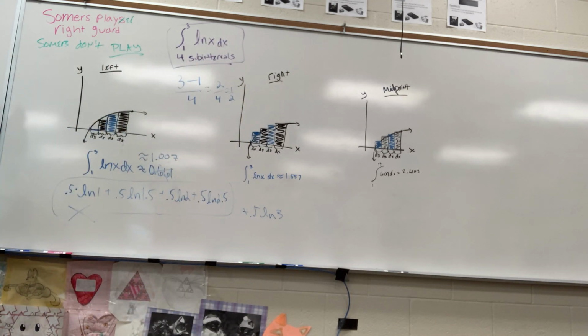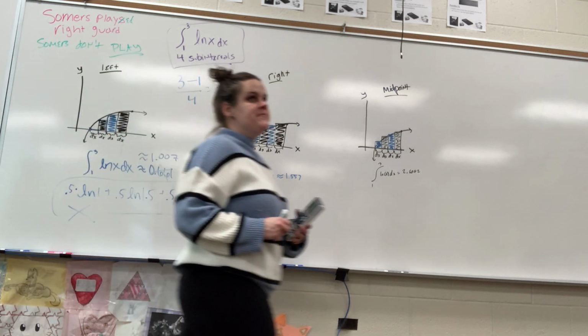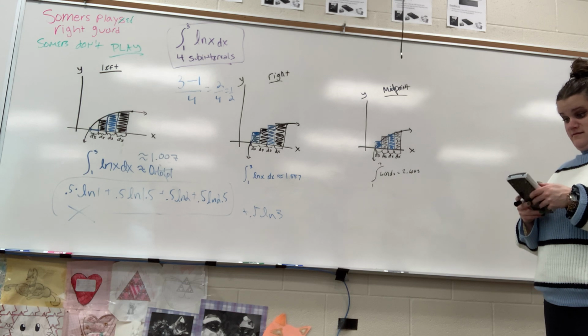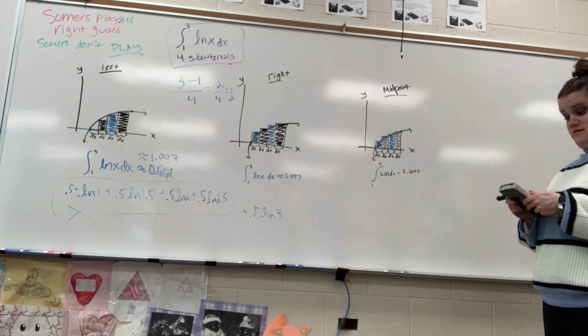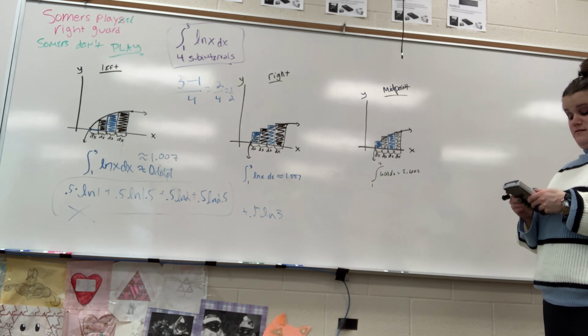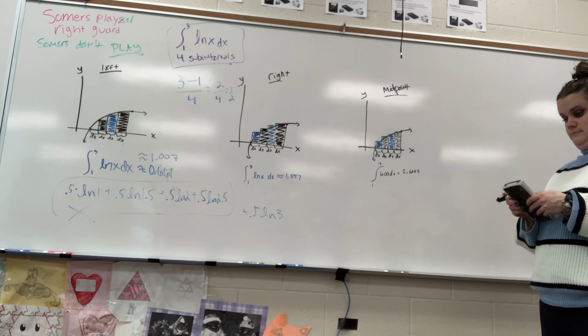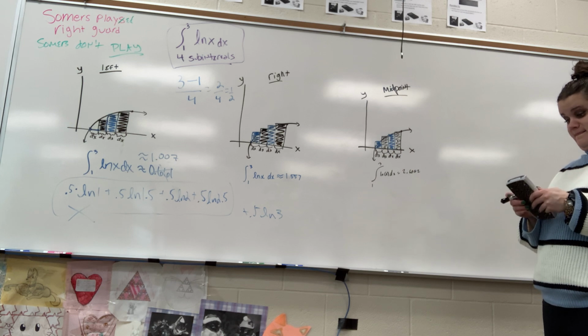So just multiply your answers by 0.5. It wouldn't be the same if you just added up ln of 1 plus ln of 1.5 and then multiplied by 0.5? Yeah, it would. That would give you the same answer. That's what I did. It made it a heck of a lot easier.